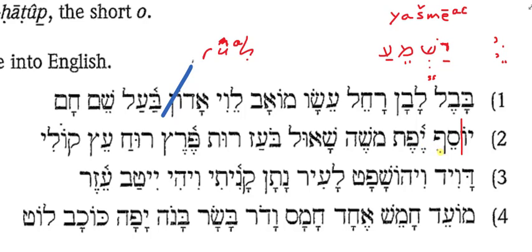Only consonants have vowels under them. So this yod is a consonant yod. There's its vowel. Here's the consonant with its vowel. So I'm going to divide that syllable right there. See that? And so this is yeh-fet. Consonant yod, vowel. Pei, vowel.